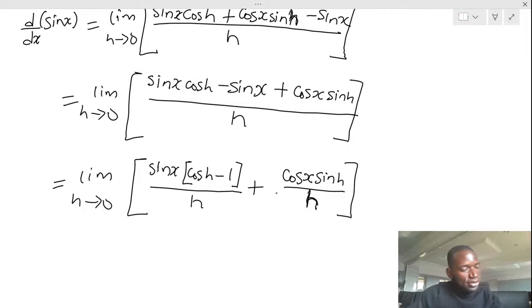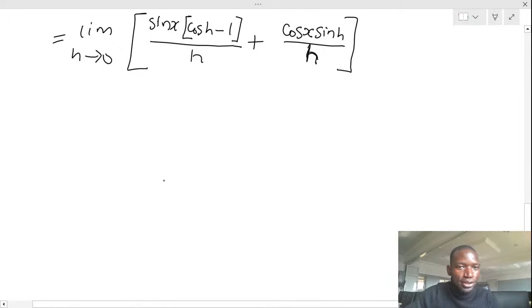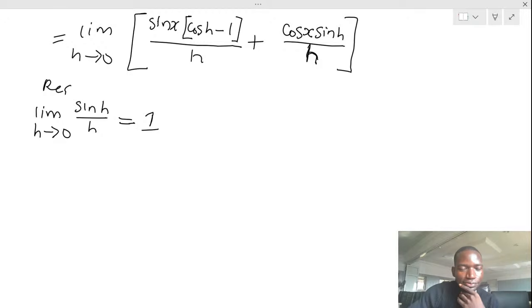Now, when we do limit of function, you remember that if you take the limit of sine h over h as h tends to 0, this is going to give you 1. Just recall this function. You can use L'Hospital's rule to prove this.